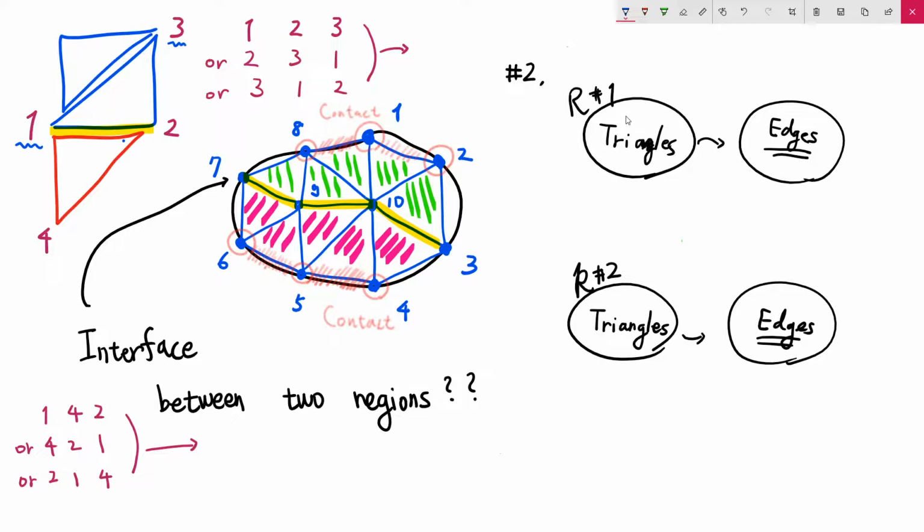For example, if we just follow this way and that way, quite naturally the edge extracted from our triangles is just 1 3 or 3 1. If we follow this way, then this triangle will contribute 3 1, and if we follow this way, then this triangle will contribute 1 3.